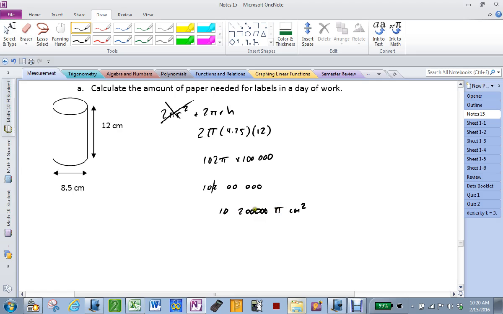And then what do I do to centimeters squared to get it to meters? (100 centimeters by 100 centimeters). What do I get to do to my answer to make it meters? I'm dividing that by 10, yeah? So if I'm dividing by 10 and 10, I'm dividing by 100, right?